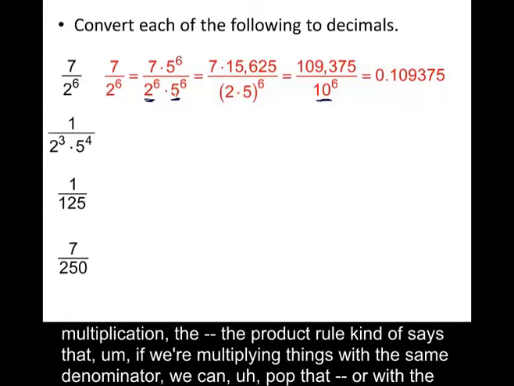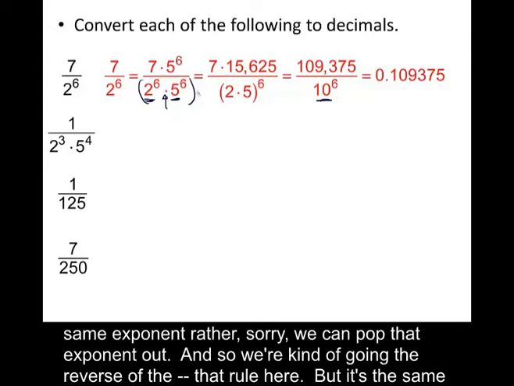And the product rule says that if we're multiplying things with the same exponent, we can pop that exponent out, and so we're going the reverse of that rule here, but it's the same thing.